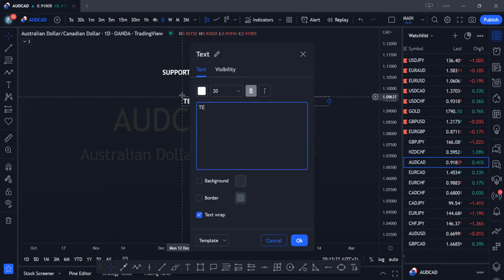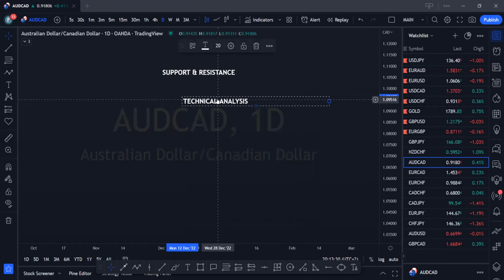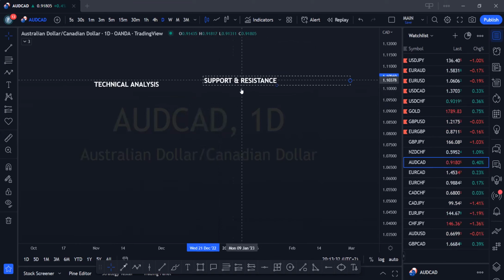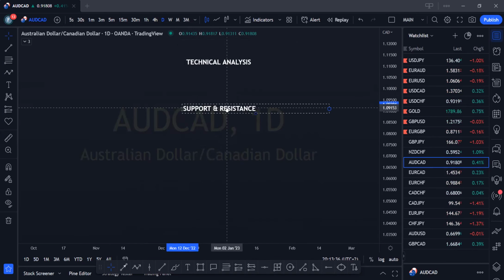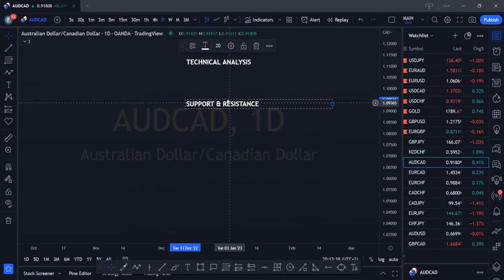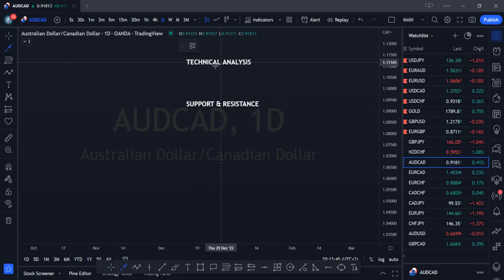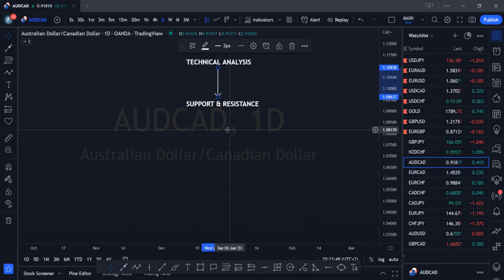It is a technical way to analyze the market. So support and resistance is a concept under technical analysis. There are different ways to analyze the market technically, and support and resistance is just one of the technical ways we view the market.